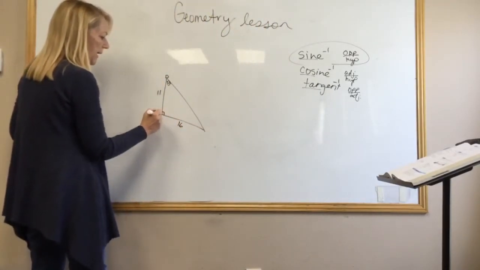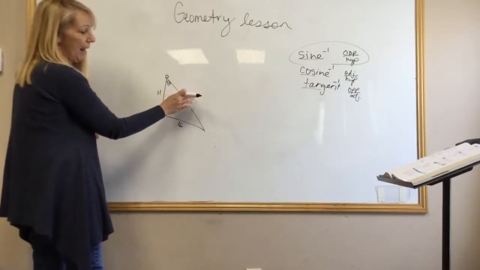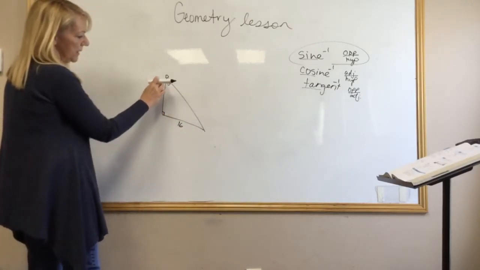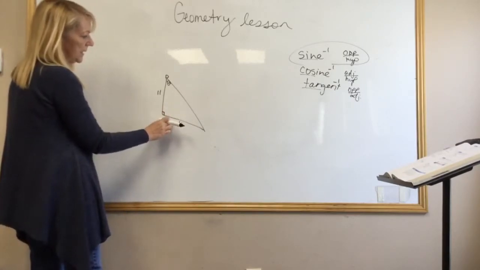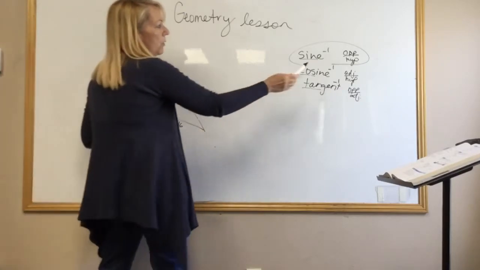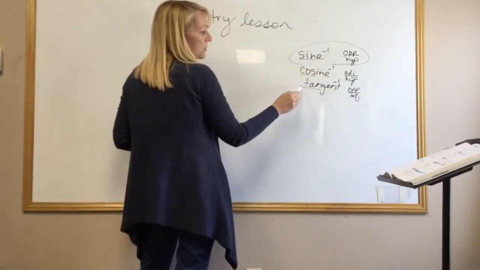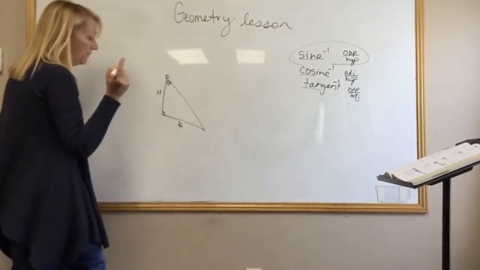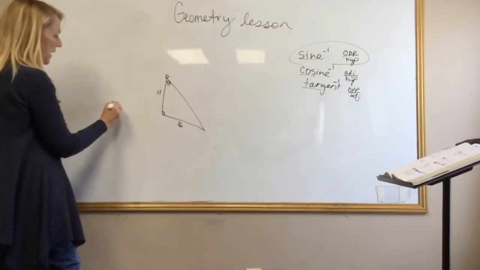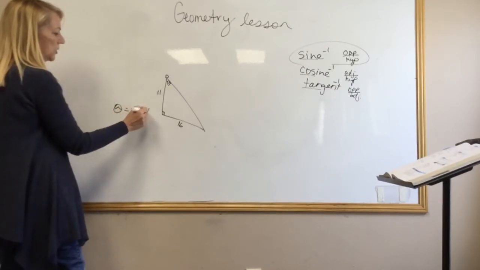Now here's my right angle right here. You see, that's the hypotenuse, and they did not give me that one this time. They gave me the legs, 11 and 16, and I want this one. This angle is the one I'm looking for. So this has hypotenuse, this one doesn't. So I'm going to use tangent this time, the inverse of tangent. So the theta will equal the inverse of tangent.